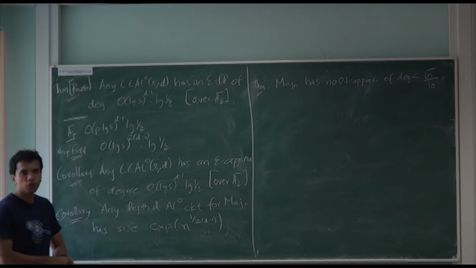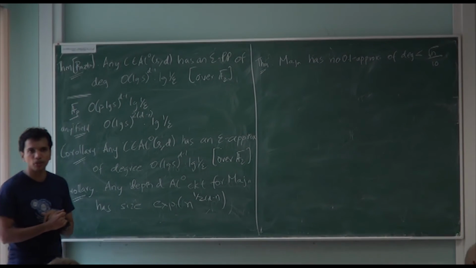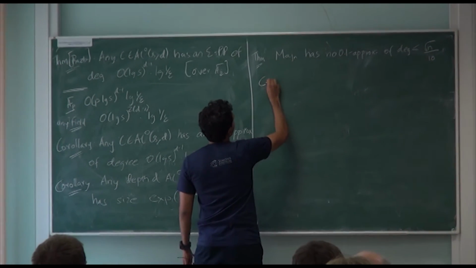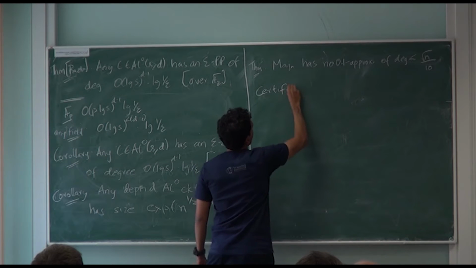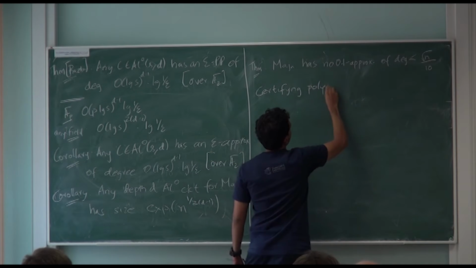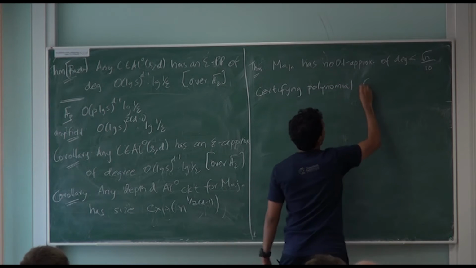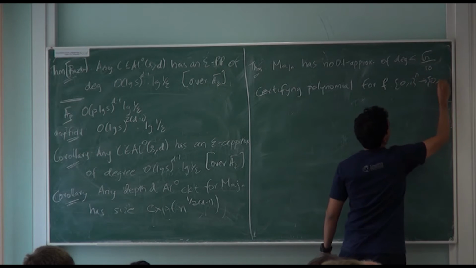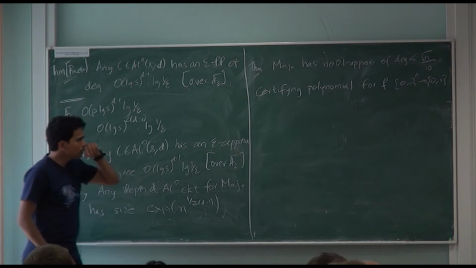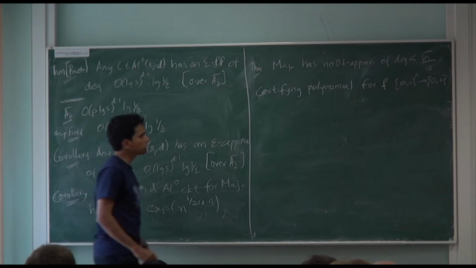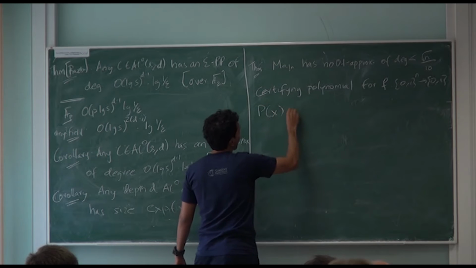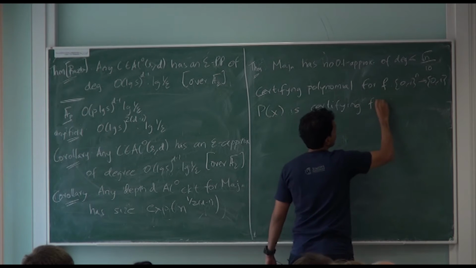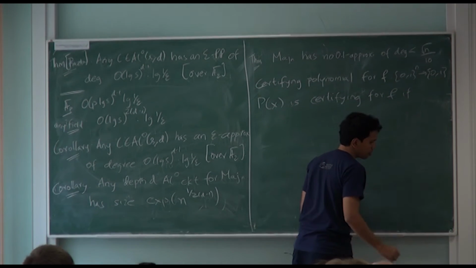The way I'm going to do it is by introducing another notion of polynomial approximation. I'm going to call this a certifying polynomial for a Boolean function. What do I mean by a certifying polynomial? Let me say that P is certifying for f if it satisfies two conditions.